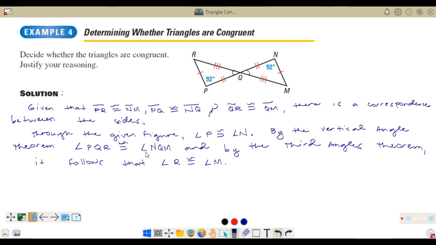So, meron na tayong tatlong corresponding angles. Angle P is congruent to N, angle PQR is congruent to angle NQM, and angle R is congruent to angle M.